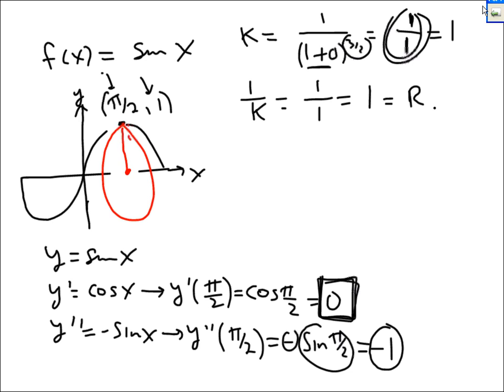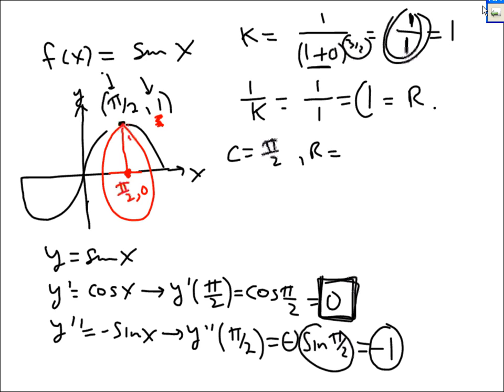The radius is 1. So I go down 1. And that brings me to pi over 2. The x won't change when you go down. And the y was 1. When you take away 1, it's 0. And now that I have the center, and I have the radius, the center is pi over 2, 0.